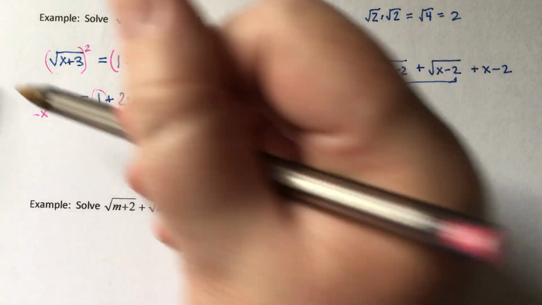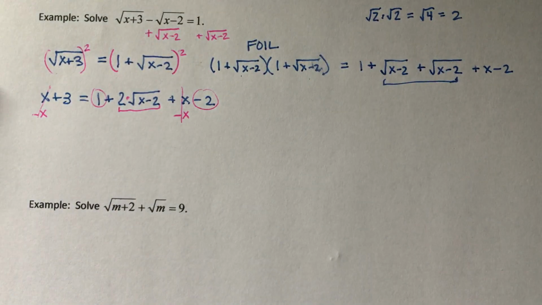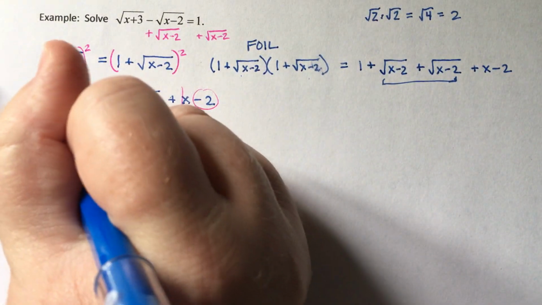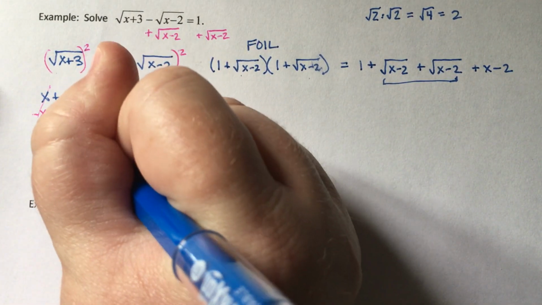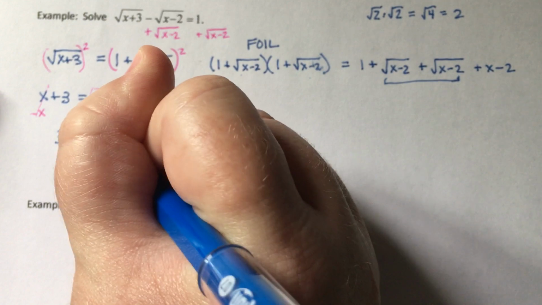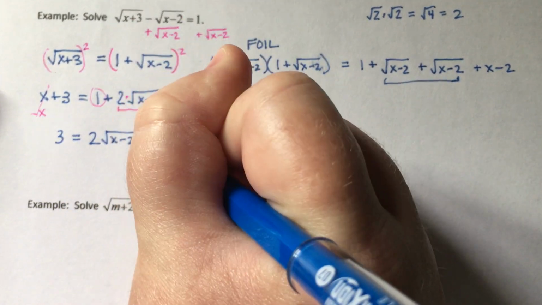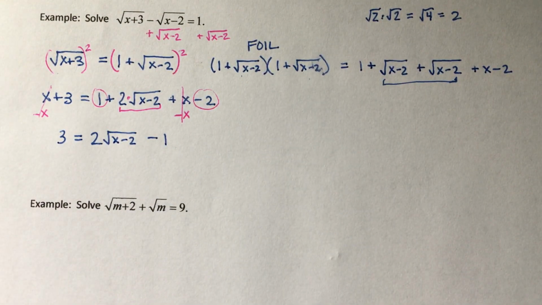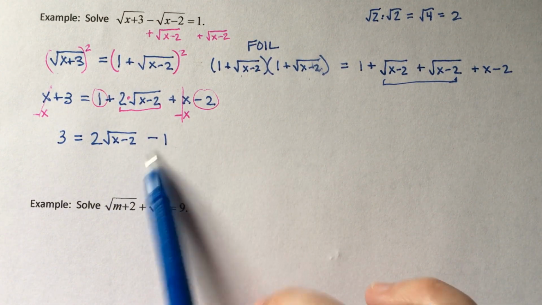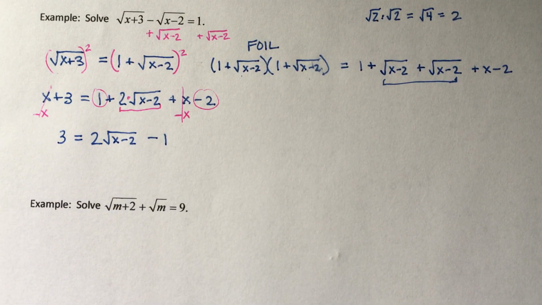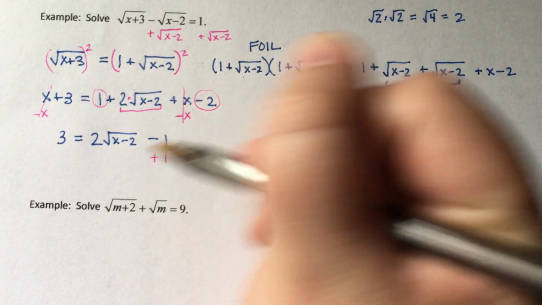So I can't combine it as a like term with the other numbers there. Well, the nice thing is that the x's cancel on both sides. So that's actually not so bad. And I get 3 equals 2 times the square root of x minus 2 and then minus 1, because the plus 1 minus 2 makes a minus 1. All right, we're almost there. It's looking nicer.